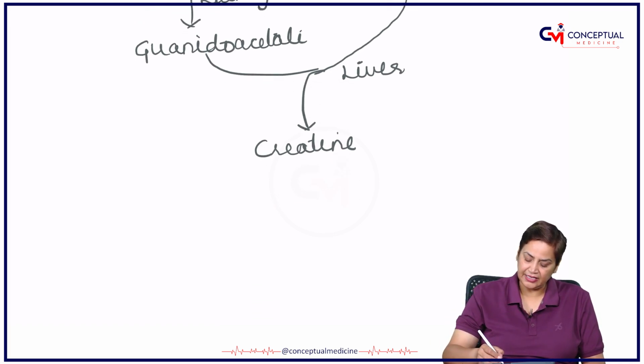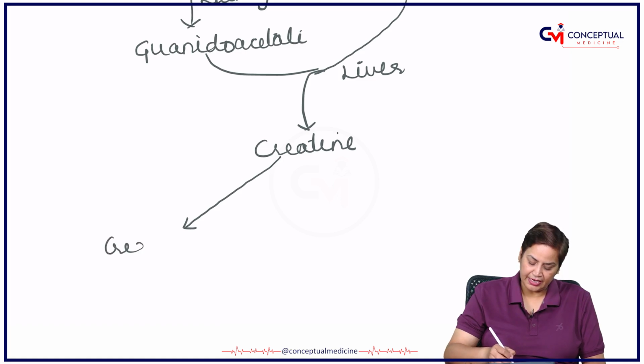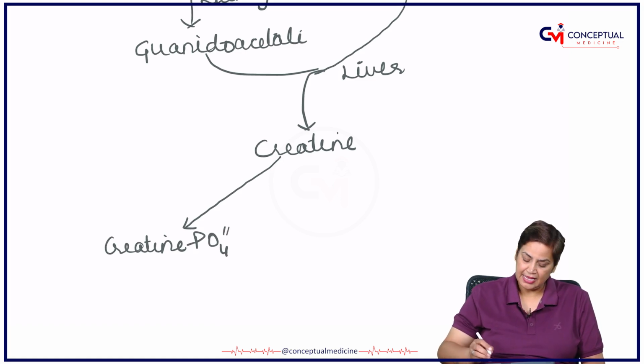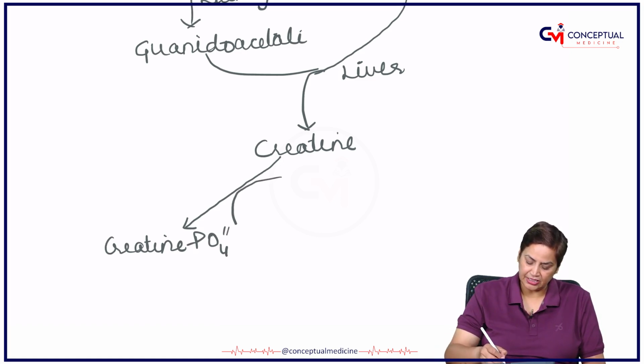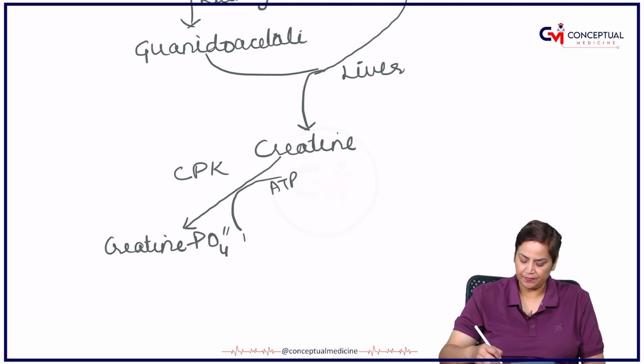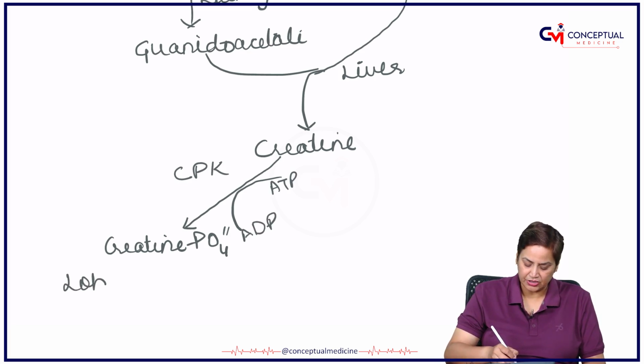And this creatine can be converted into creatine phosphate, obviously to give energy to the muscle, and this reaction takes place in the presence of CPK enzyme using ATP. It is known as Lohmann's reaction.